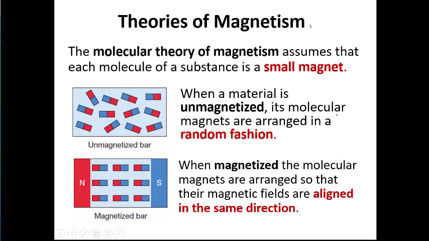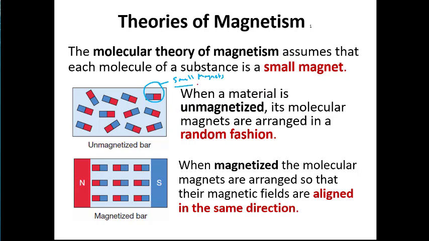There are two theories of magnetism that we'll go over. The first theory is that when you have a bunch of atoms inside a material, they form small magnets. We're talking about many, many atoms inside a substance. Not all substances can create these magnets.